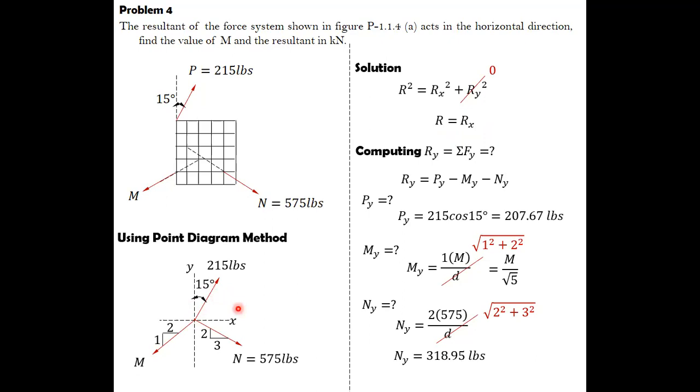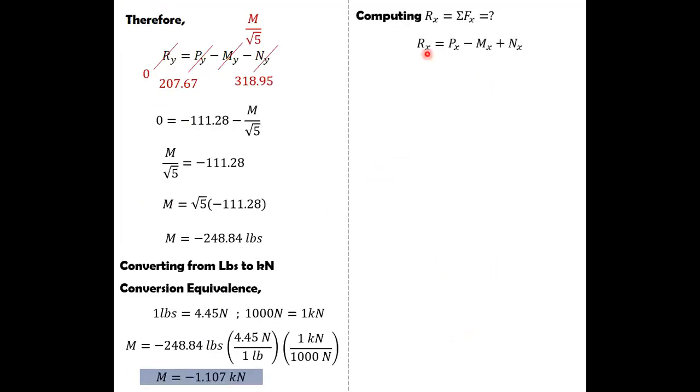The x component of 215 or P, that is positive because it is acting rightward. M, negative because acting leftward. N, positive because it is acting rightward. So in terms of equation, we will be having this. Okay, so kunin natin yung first term which is Px.